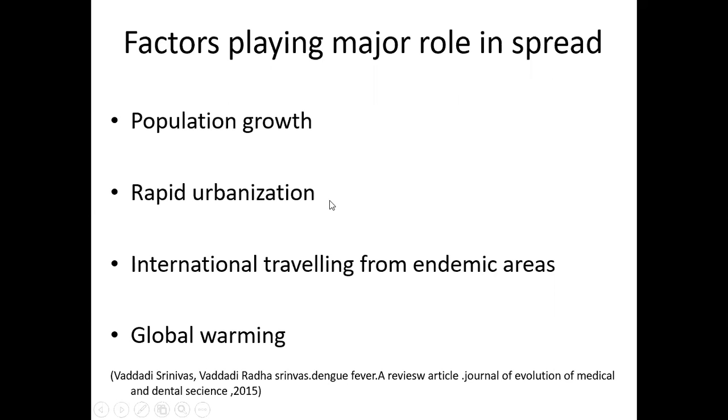Rapid urbanization is another factor, and international travel from endemic areas, the areas where dengue virus is endemic. The travelers carry the virus, so this is a factor which plays a role in the spread. And global warming also has a role in the spread of the dengue virus.